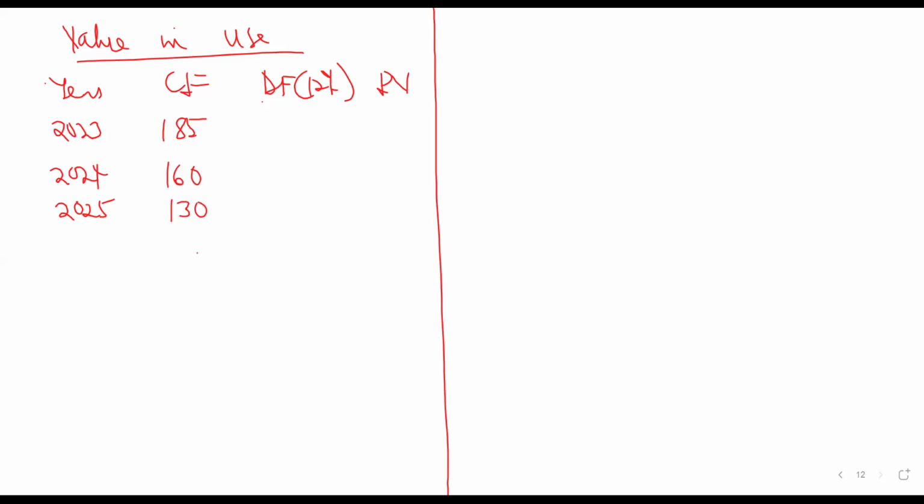We are doing this at the end of December, so December 2023 is 1 year from now. What will be the discount factor at 12%?